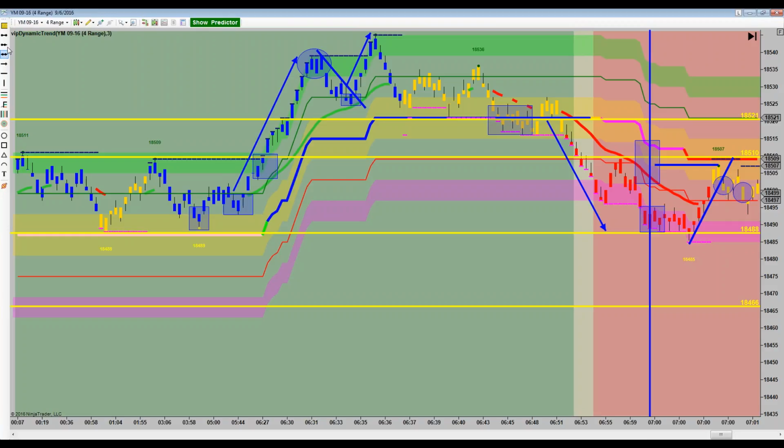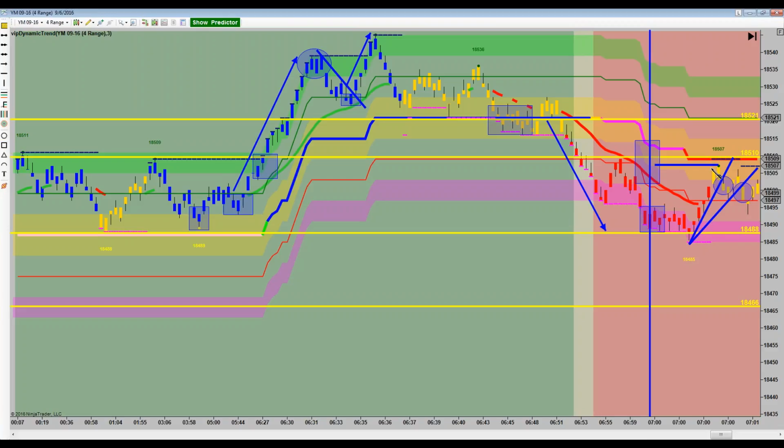Now, if you drew more at a 45-degree angle and you allowed the market to do this little A, B, C move, then you also would have been filled short on this bar right here. So bar close people and line and ray traders are already in short on one of those two bars.